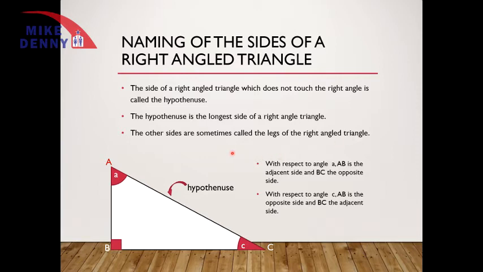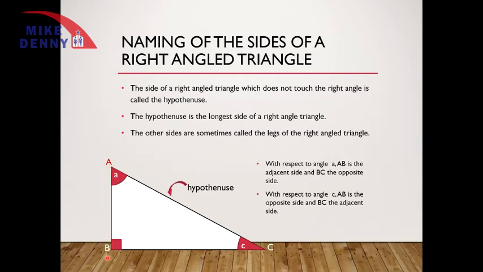And we could describe the other two sides. This one is called the hypotenuse. We describe the others with respect to the angles which are not 90 degrees. With respect to angle A, this side AB is described as the adjacent side. Adjacent means next to.